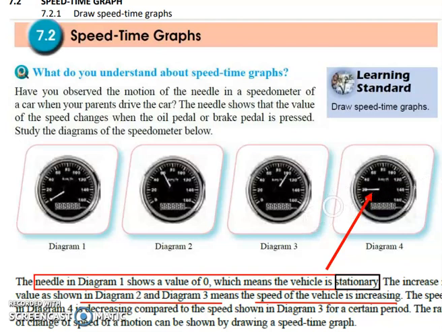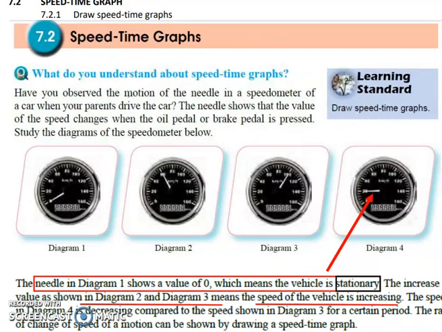When the speed decreases, it means the vehicle is getting slower and it is experiencing deceleration. So acceleration means the vehicle is getting faster, and deceleration means the vehicle is getting slower.